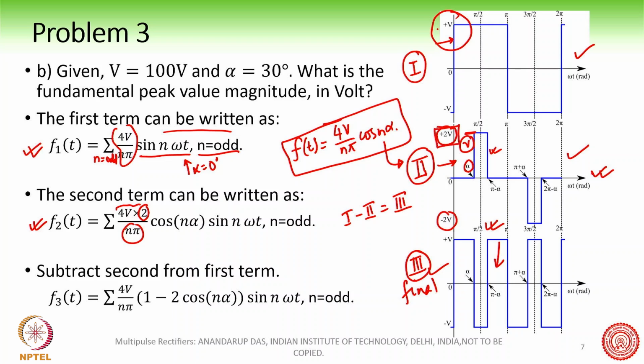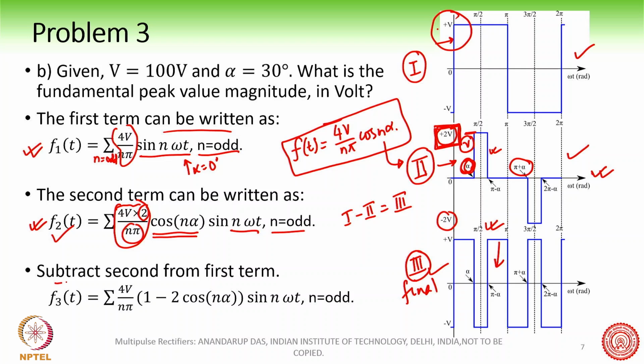Because you have 2v here. So 4v into 2 by n pi cos n alpha sin n omega t, because alpha and pi minus alpha are indicated here, again for n equal to odd. So this is the Fourier series expansion of the second waveform.